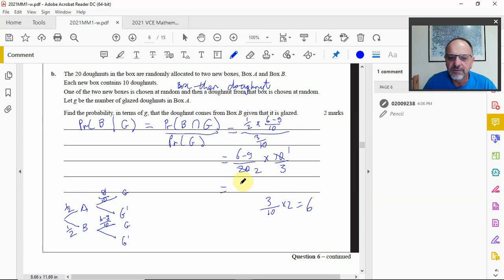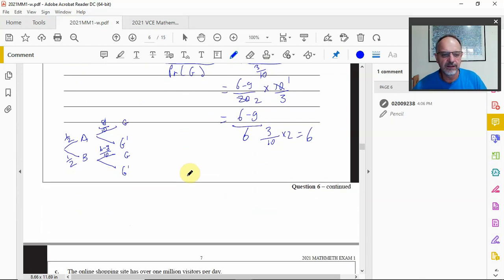So we've then got (6 minus G) over 6 as our probability in terms of G that a donut comes from box B, given that it is glazed. All right, so it can be a little bit tricky with those. So again, drawing these diagrams can be very, very handy, even though you're not asked to draw them.